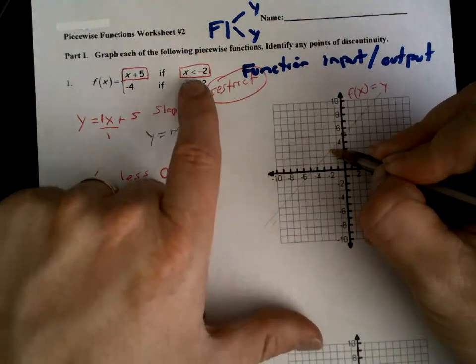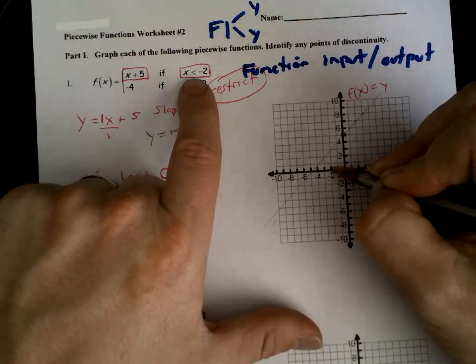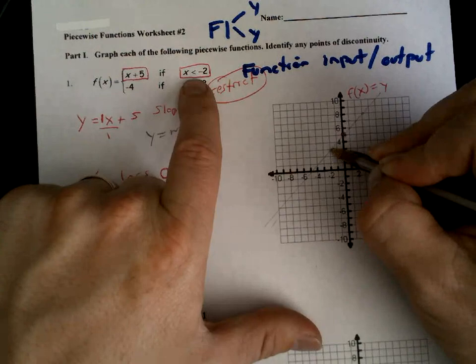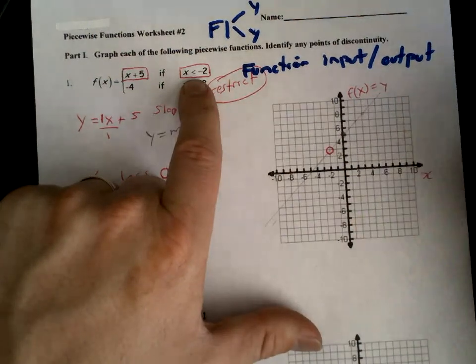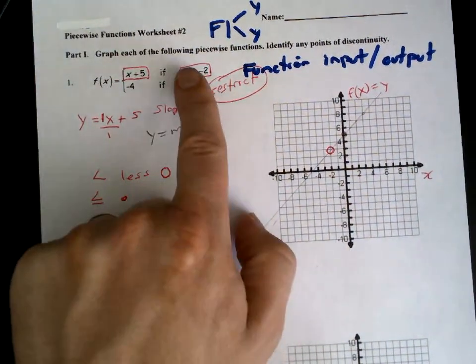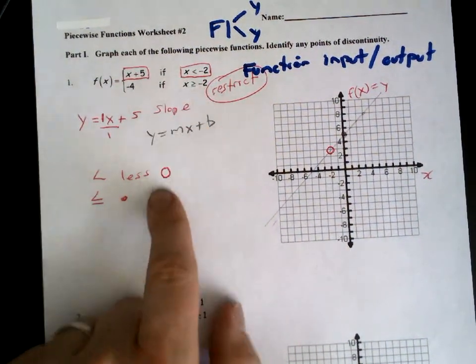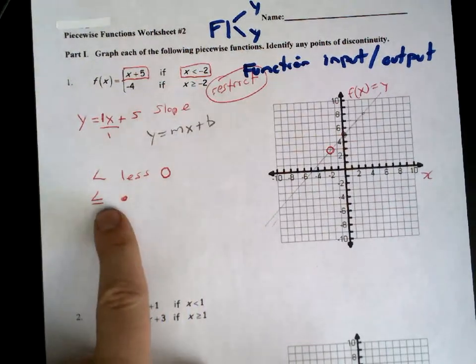Since this is an open circle, I'm going to go from -2 all the way up to the actual function and put an open circle. The reason I put an open circle, again, is because I can never get there. It's open because of the alligator that doesn't have an equal sign.